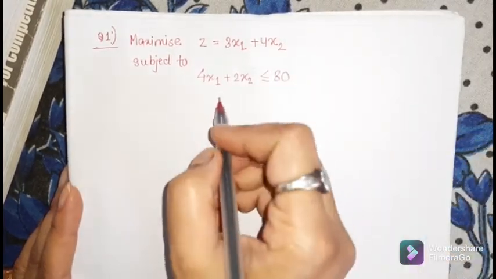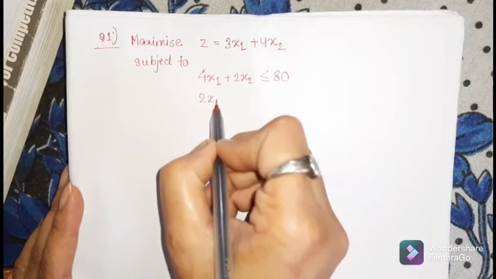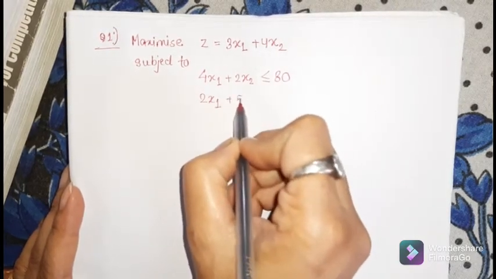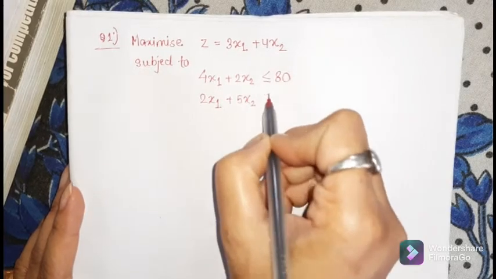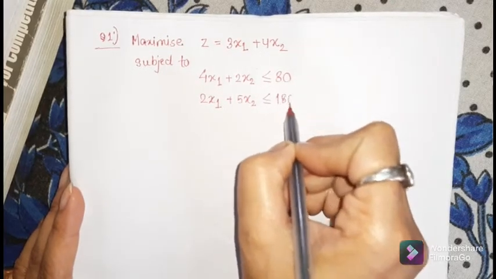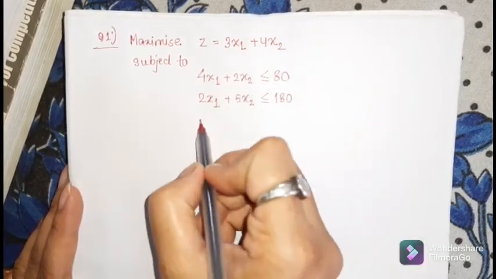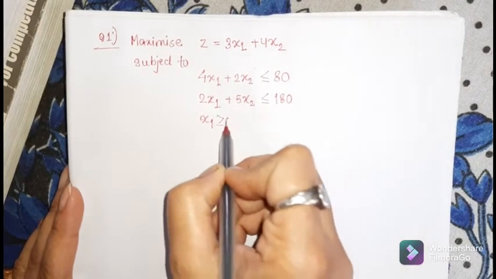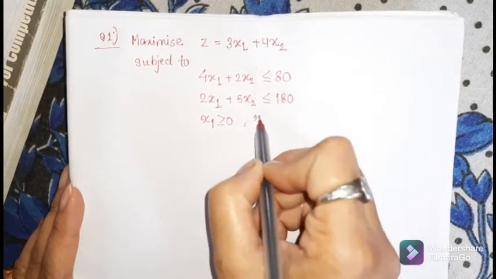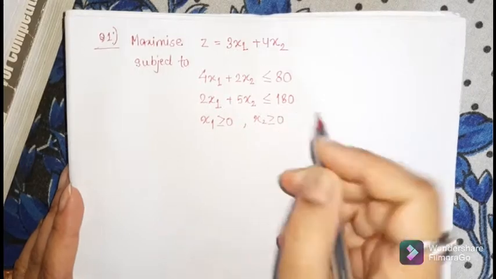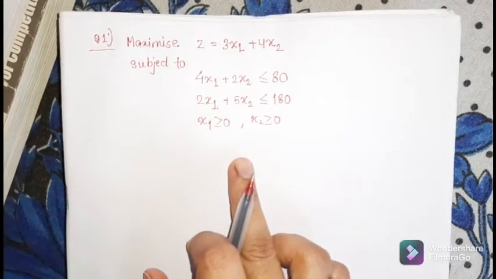This is the first constraint. 2x1 plus 5x2 less than or equal to 180, x1 greater than or equal to 0 and x2 greater than or equal to 0. These are the non-negativity constraints, right?